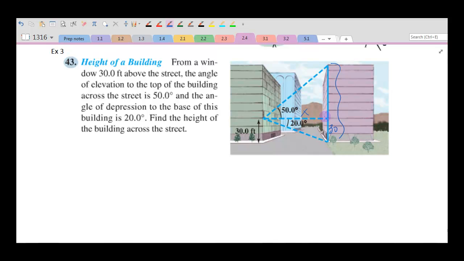We typically use sine, cosine, and tangent. Remember, tangent is the one that's going to give us opposite over adjacent. So if I were to write this out, I could say the tangent of 20 would be equal to 30, because that's opposite, over x. And x is what I'm actually looking for.